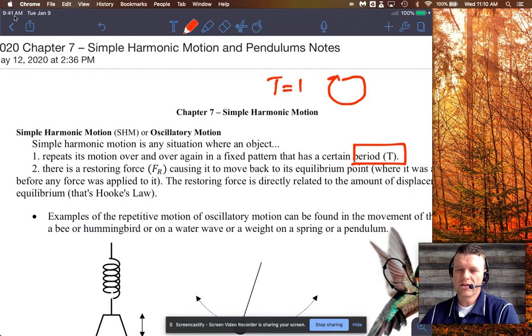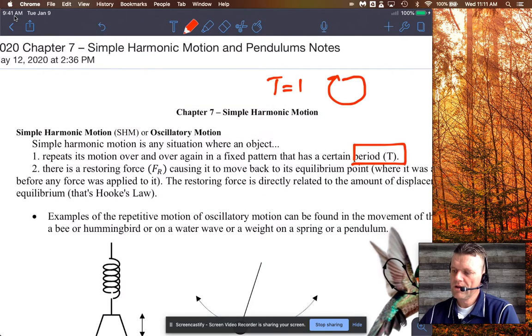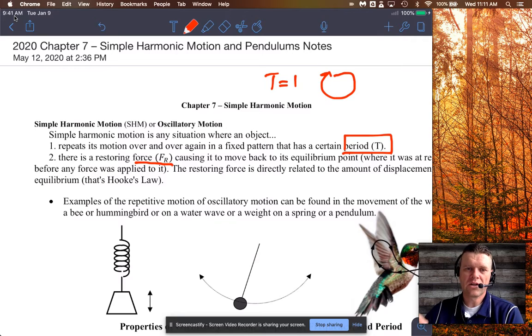So that's the first criterion: it needs to have a pattern and a measurable period.